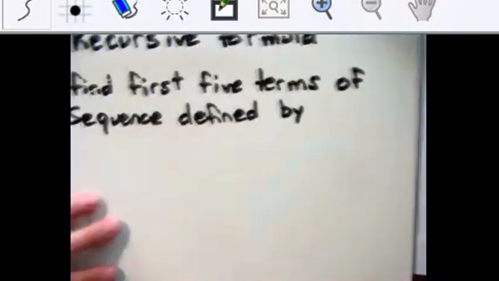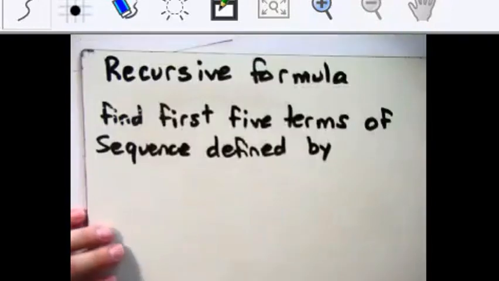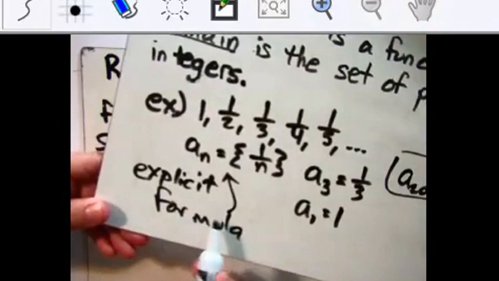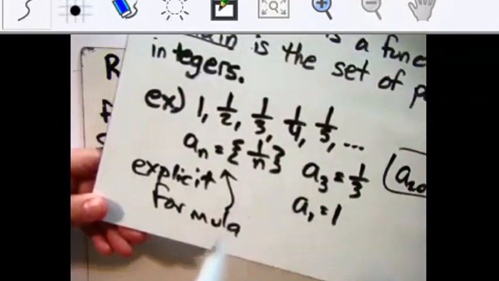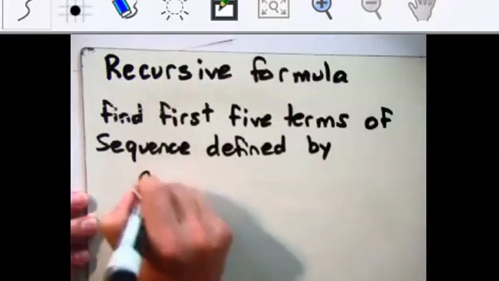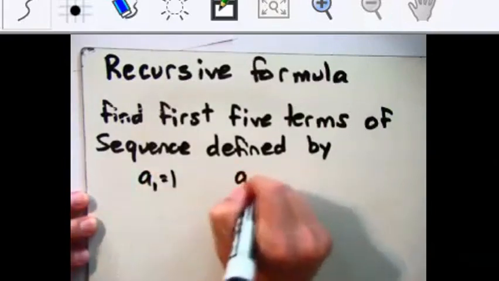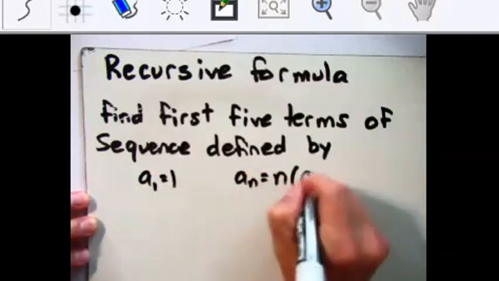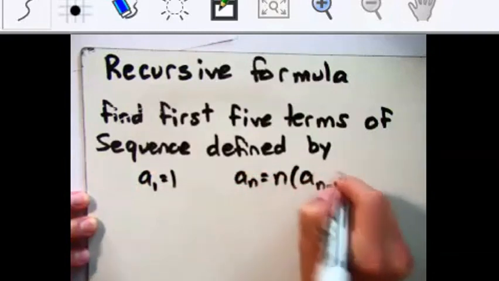Okay, and then the last thing, something called a recursive formula. You remember earlier I mentioned the explicit formula, because you can plug in any number and get any term. With a recursive formula, you need the previous term to get the next term. So here's the example.